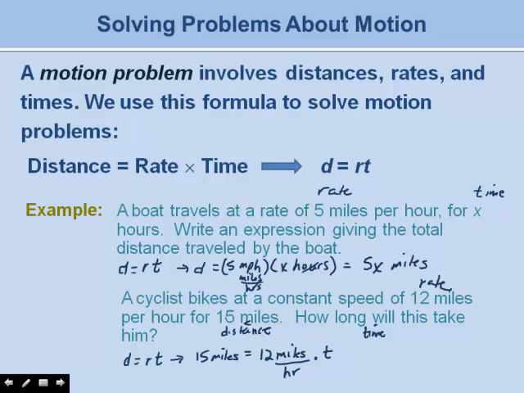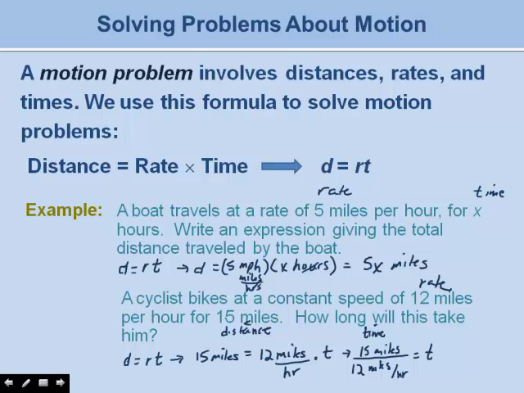Now to solve for t, we have to divide both sides by 12. So we're going to have our 15 miles over here divided by the 12 miles per hour. And notice when we do this, with these two units on the bottom, this is just like we're dividing by a fraction.